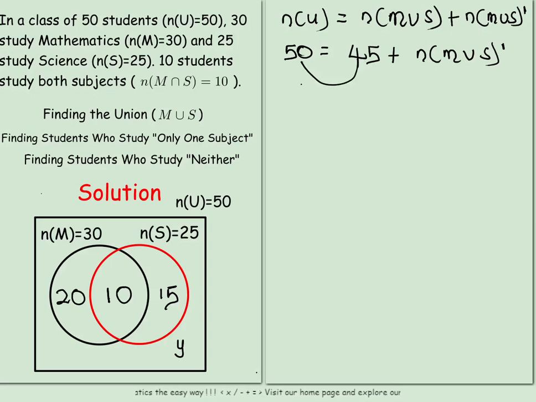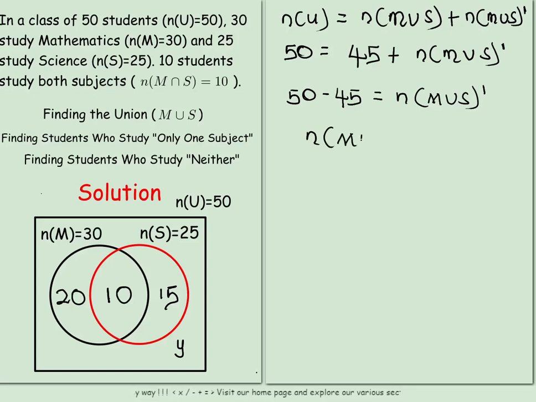We just bring our 45 to the other side of the equal sign, so that we have 50 minus 45 being equal to your M union S prime. And 50 minus 45 gives us 5. So it simply means that our M union S prime, that is the number of students who do not study either subject, or neither this nor this, is 5. And that is the solution to this question.